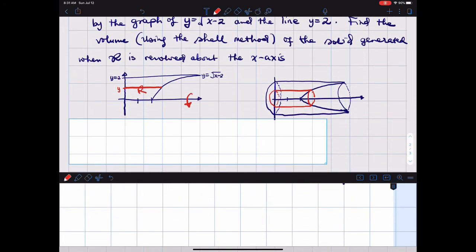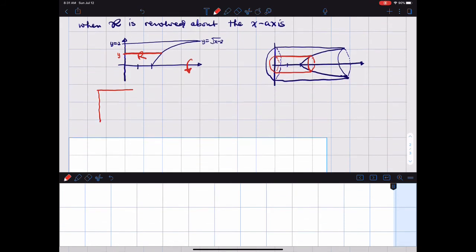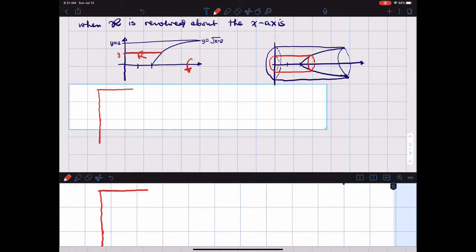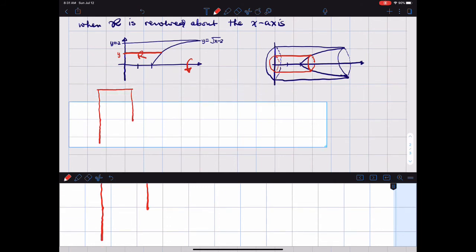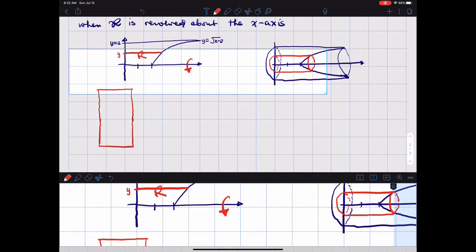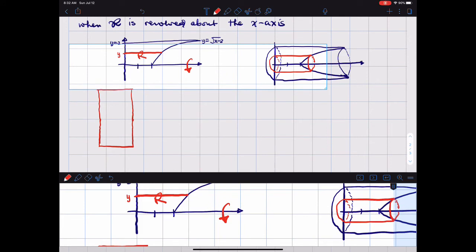We're going to open up our shell to get a long rectangle in this case. I'm not going to draw it all the way along, but I'm trying to stay with the configuration that the solid gave us. Okay, so this function is y equals square root of x minus 2.